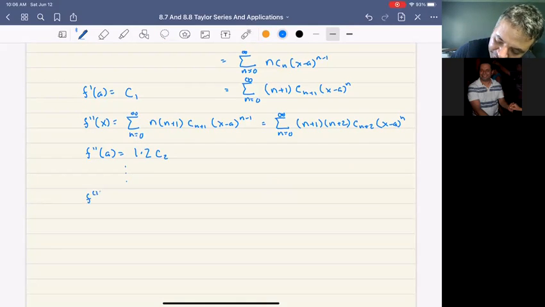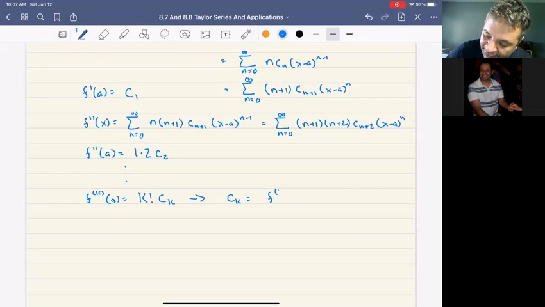And so the kth derivative at a is going to be, you guessed it, k factorial c sub k. We actually reverse it: c sub k is the kth derivative at a over k factorial.